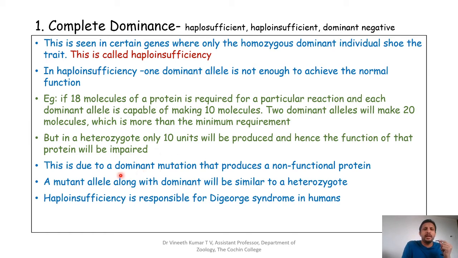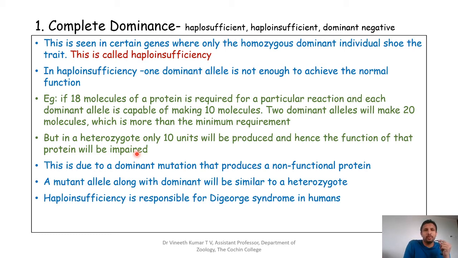In this case, such mutations or recessive characters produce a non-functional protein. The so-called recessive mutant allele is not restricted from producing a protein. It is producing a protein, but the protein is non-functional.